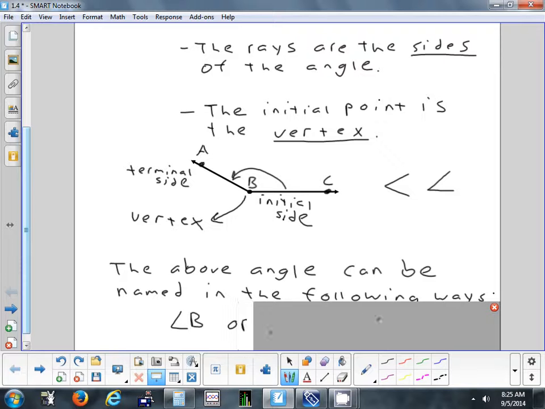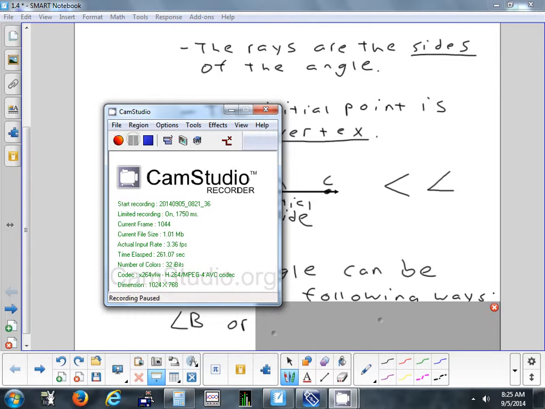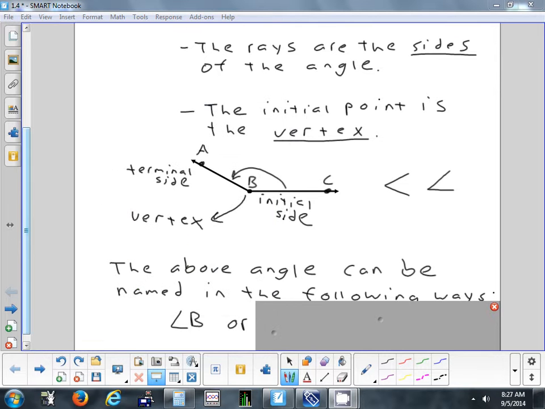Does anybody know another way we can name that angle? Okay. Does anybody know a second way you can name it? We still use the angle symbol, but we're going to involve more letters here than just the B. Angle ABC, yes, that's correct. And the letters that he used, you can't just pick any order.